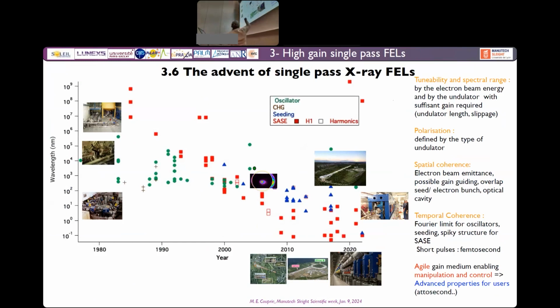And step by step, with the improvement of electron beam quality, one could go down in wavelengths. So you see here in green that we have development of many FEL oscillators versus time, typically in the infrared, UV and VUV. So last century was really the century of FEL oscillators and user applications of these FEL oscillators.